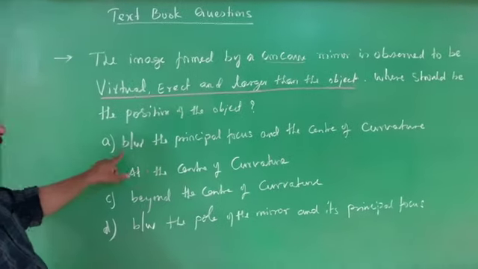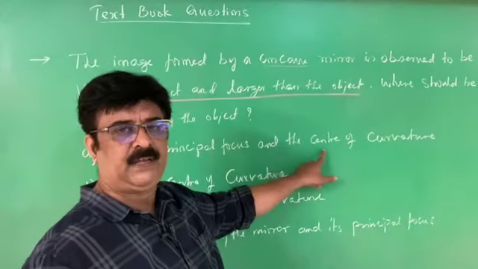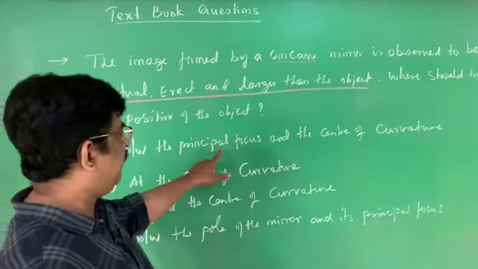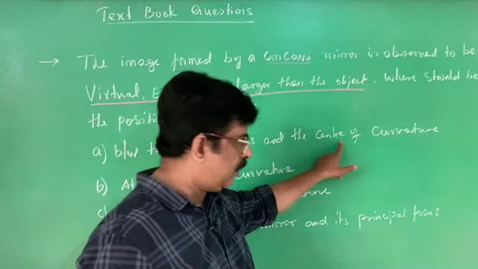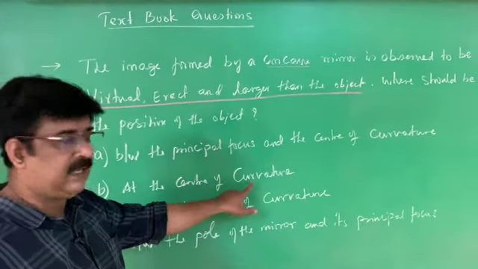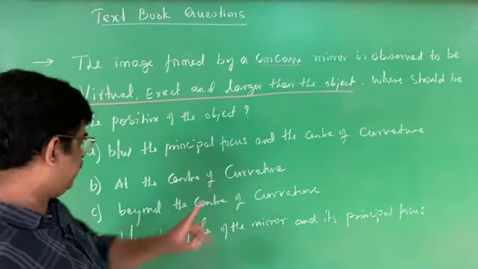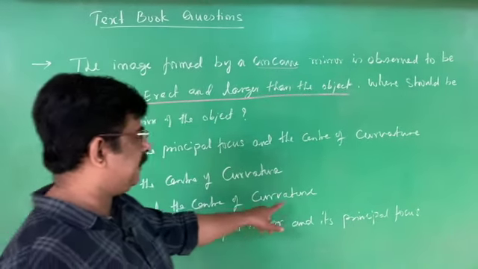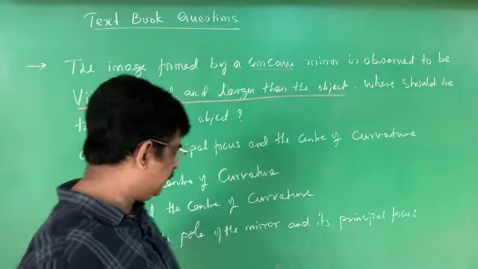First one, between the principal focus and center of curvature, wrong it is. Between F and C, here we get what? Real image. At the center of curvature, wrong it is because we get a real image. Beyond the center of curvature, beyond C, it is a wrong answer.